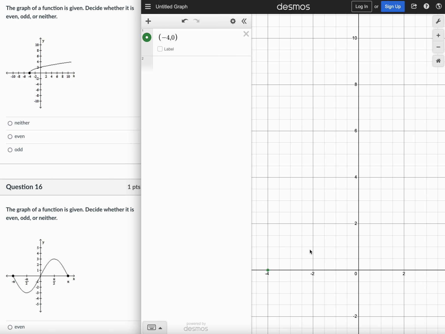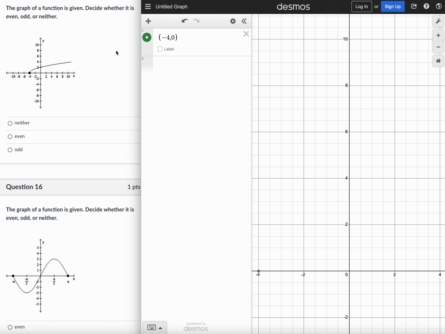Now, if you give a negative sign to the negative 4, give a negative sign to 0, then the point is where? The point is 4, 0. You give a negative sign to negative 4, you have 4. You give a negative sign to 0, you have 0. So you see, that would be somewhere here.